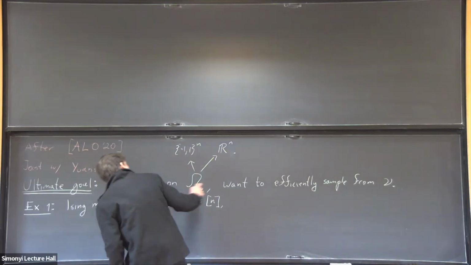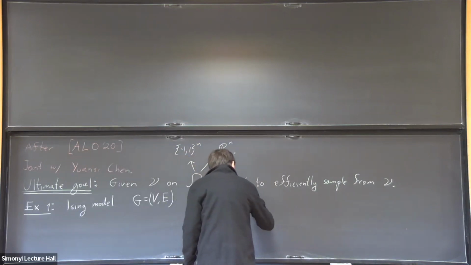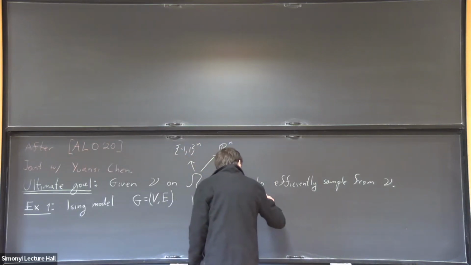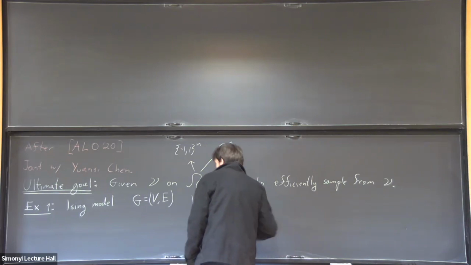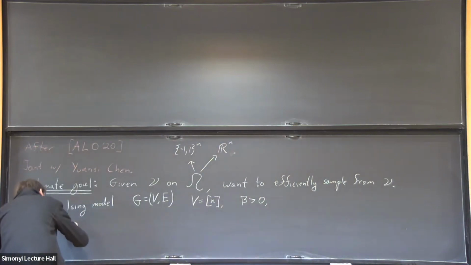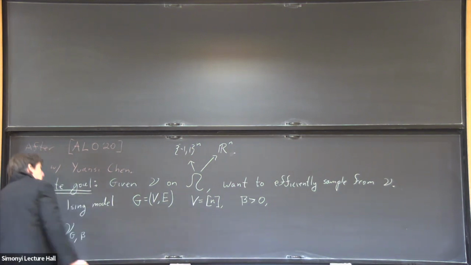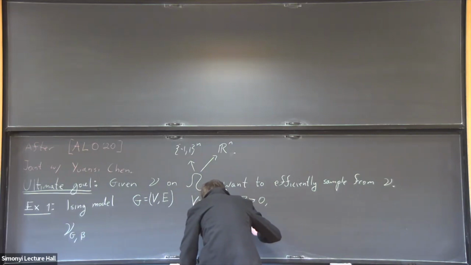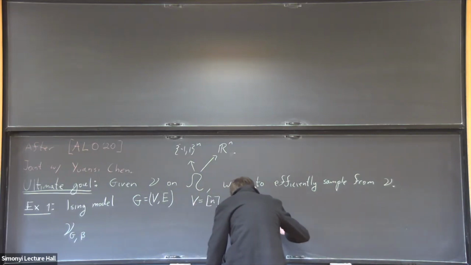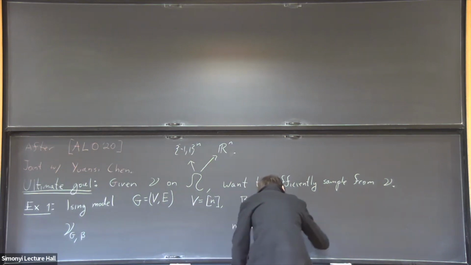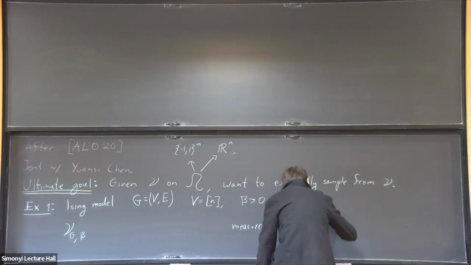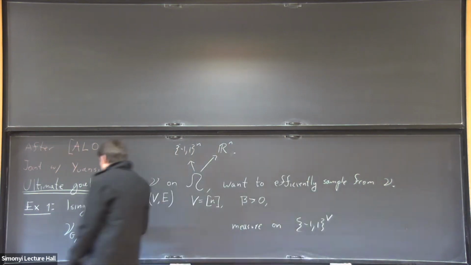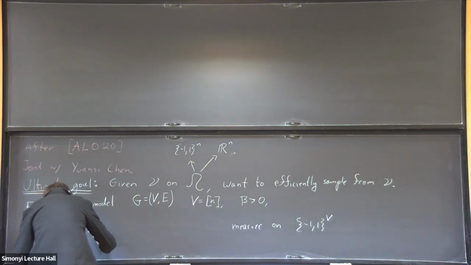Given G and a positive number beta, we define a measure mu_{G,beta} on {-1,1}^V, which is going to be defined by the following formula.